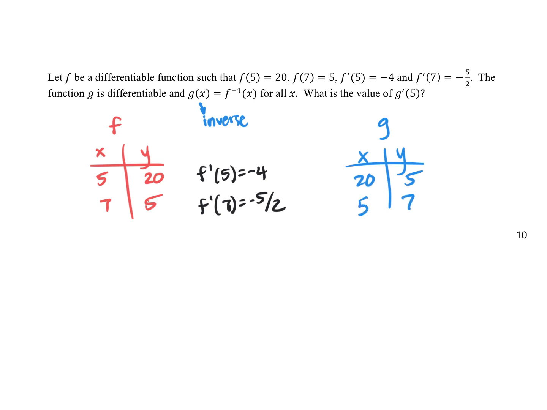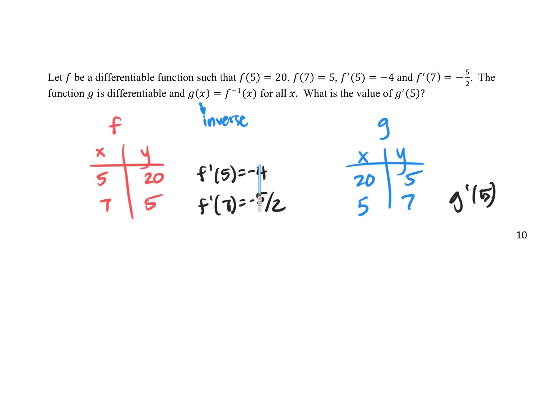Look what they asked. They said, hey, what's the value of g prime of 5? If they want to know what g prime of 5 is, again, this is an x value. It's always an x value. f prime of 7, 7 is an x value. g prime of 5, 5 is an x value. Do I want to take the reciprocal of this one or that one?